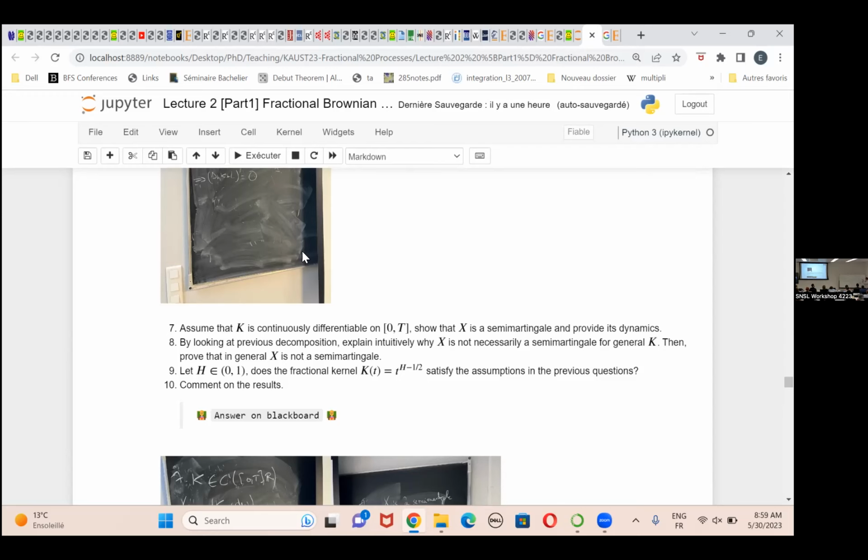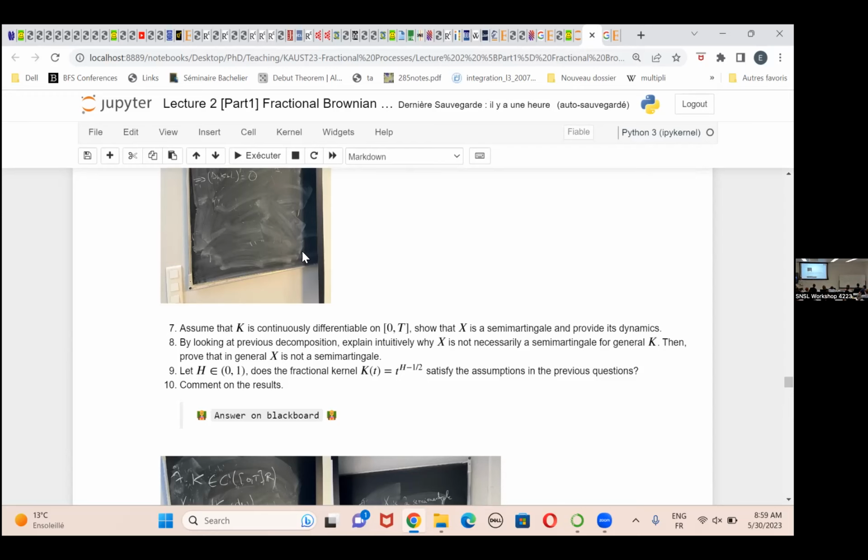For any semimartingale, you have a finite variation part plus a finite quadratic variation part. And usually, just in two lines, this is the argument that's used to prove this. So fractional Brownian motion, except for the case H equal 1/2, is not a semimartingale, and it's not Markovian.